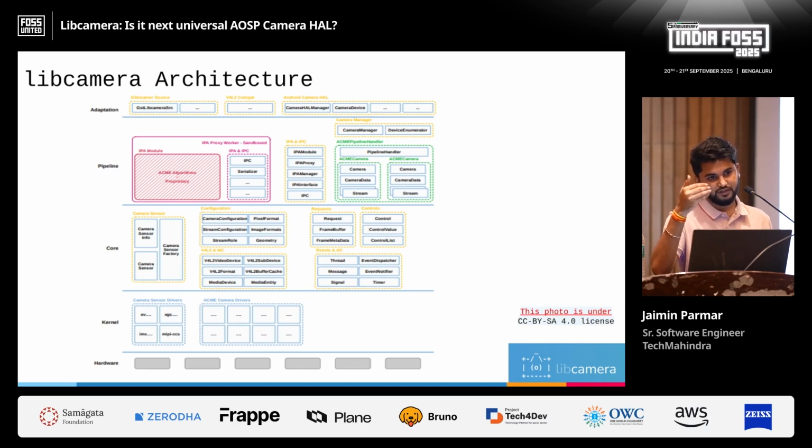There will be a match function that matches which ISPs your pipeline will handle. In one Libcamera you can have more than one pipeline handler to handle these ISPs, and the pipeline handler also takes care of your stream configurations.